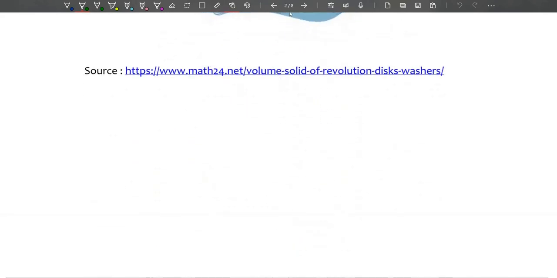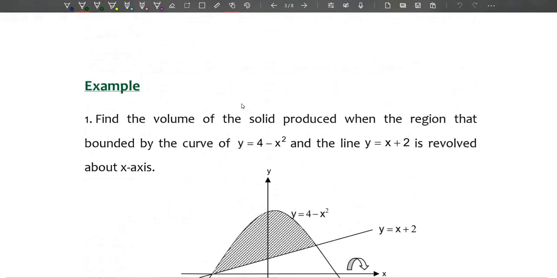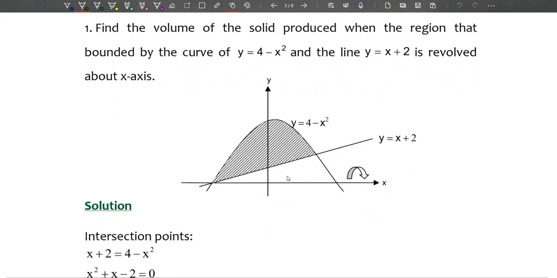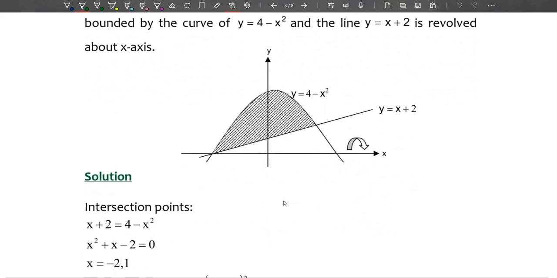Next, the example. Let's say we want to find the volume of the solid produced when the region bounded by the curve y equals 4 minus x squared and the line y equals x plus 2 is revolved about the x-axis. What you need to do first is to find out which one is the outer radius and which one is the inner radius, and whether you are going to integrate with respect to x or y. We're going to rotate at the x-axis.